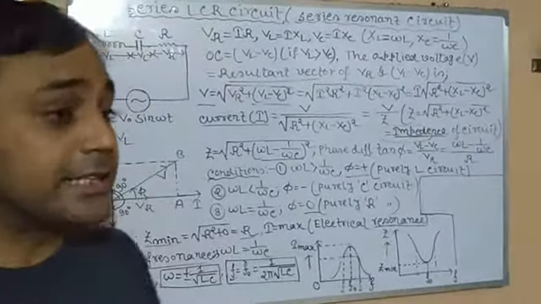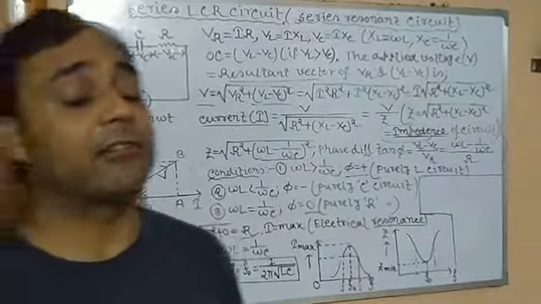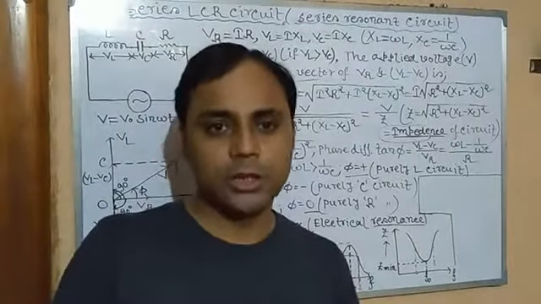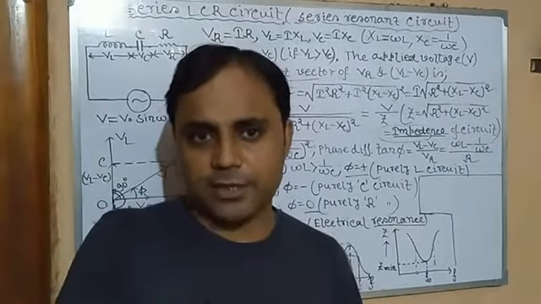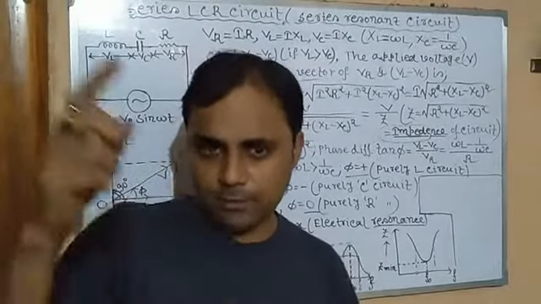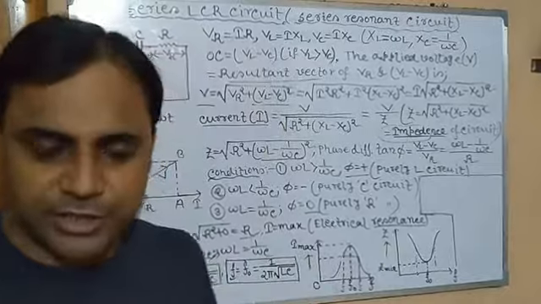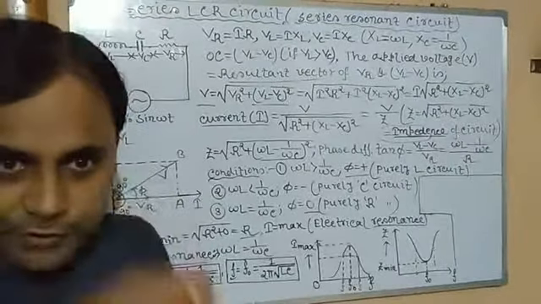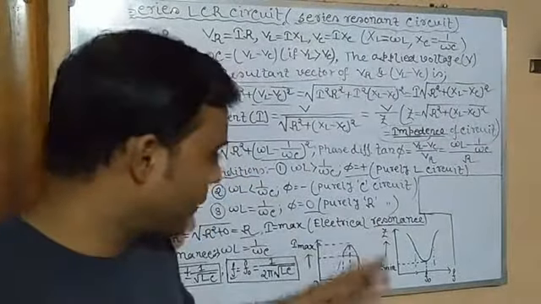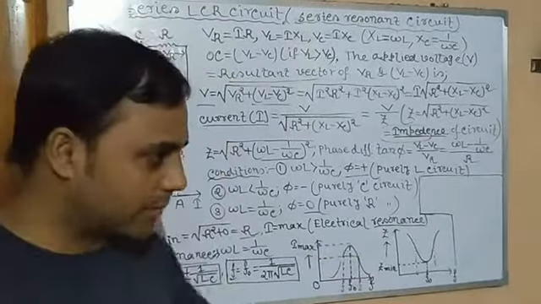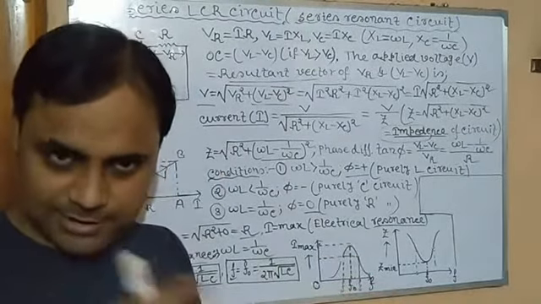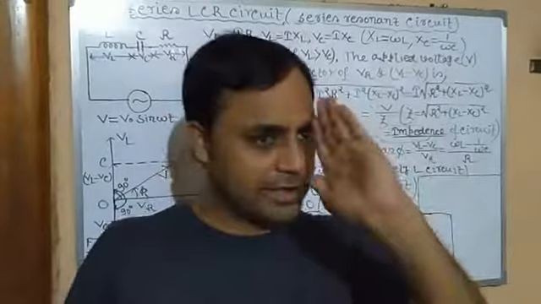Number 3, it is used in TV and radio sets to tune and match the desired frequency. For example, 92.7 Big FM, 93.3 Radio Ichi, by auto tuning, matching the frequency through resonance. When the frequency of the substation and the frequency of the circuit match, only then can we hear or see that particular channel.